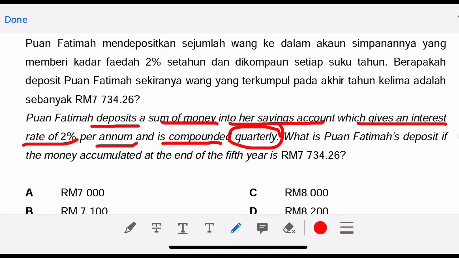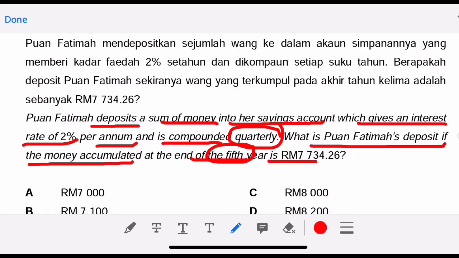This is very important, quarterly. What is Puan Fatima's deposit if the money accumulated at the end of the 5 years is 7734.26?